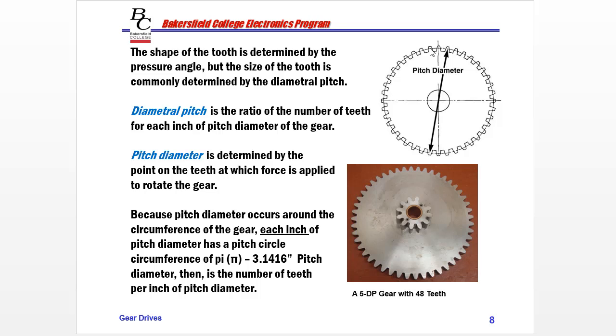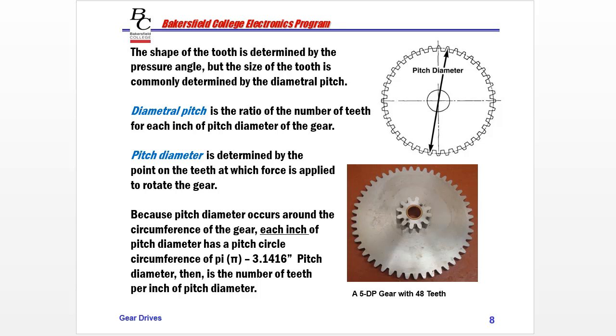But the size of the tooth, how large it is, is commonly determined by the diametral pitch. The diametral pitch is defined as the ratio of the number of teeth for each inch of pitch diameter of the gear.